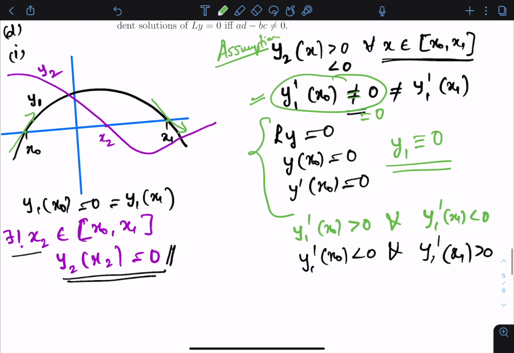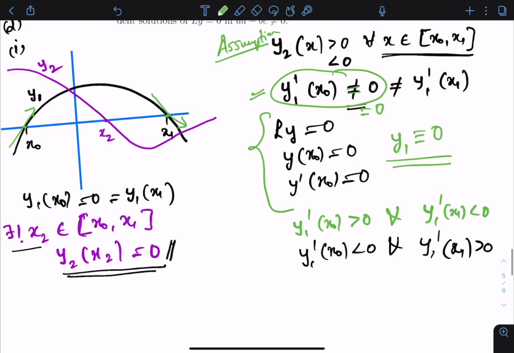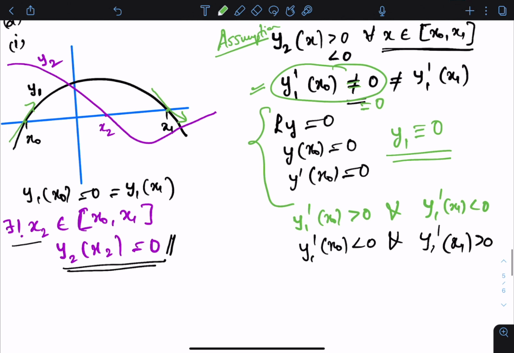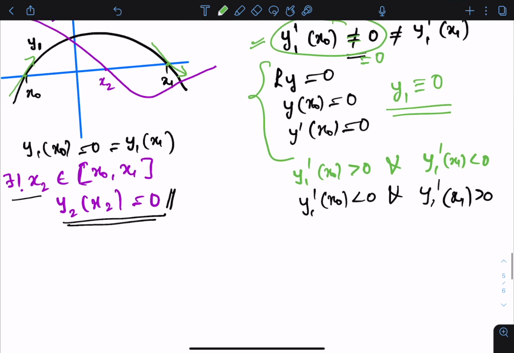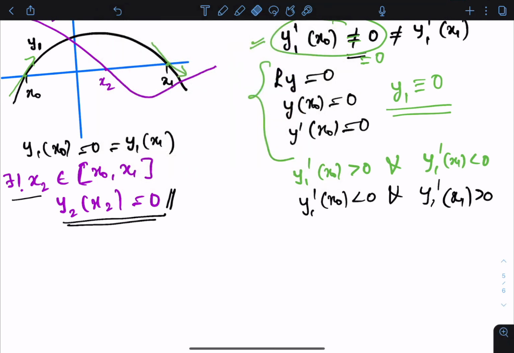Okay, so these are the two possibilities. So now let's go ahead and see what happens. What is given to us is that they are linearly independent solutions, right? So what is the Wronskian of y1, y2 at the point x0?